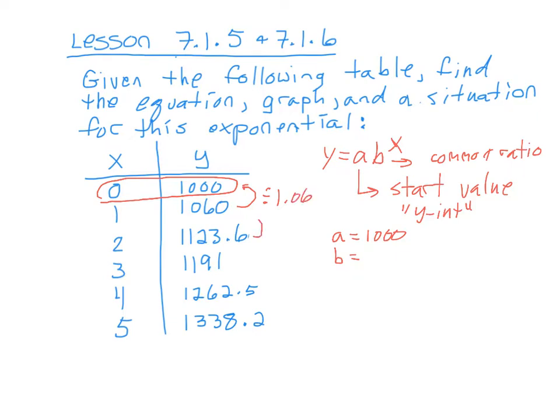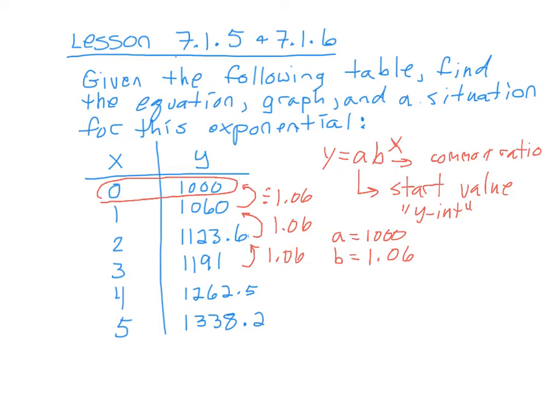Then I take 1,123.6 and divide that by 1,060, and I get the same thing, 1.06. We can continue that process, and each time we will find the same common ratio. So our b is 1.06.